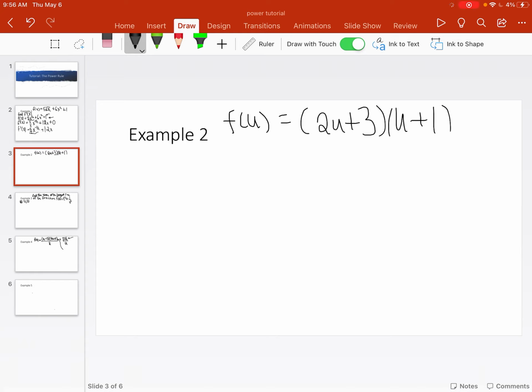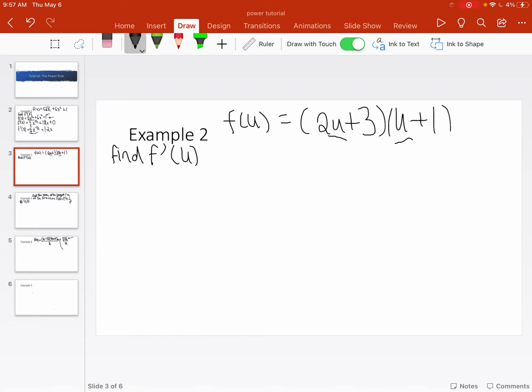And it asks us to find f prime of u. So here we see this is a function of u. We don't see any x's. We're usually used to seeing x and y, but here we're given a function of u and we're asked to find the derivative with respect to u.